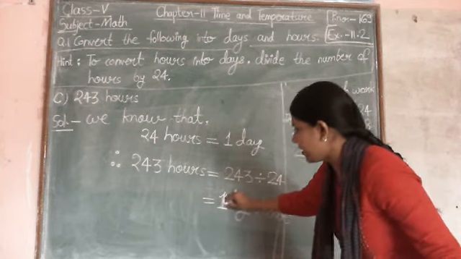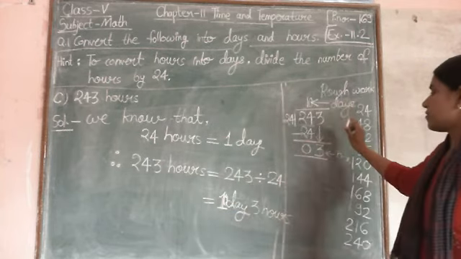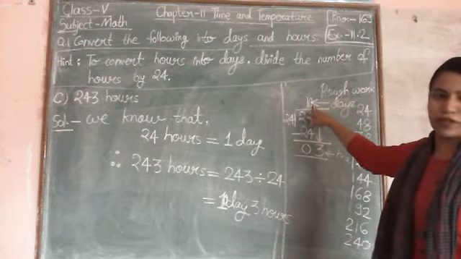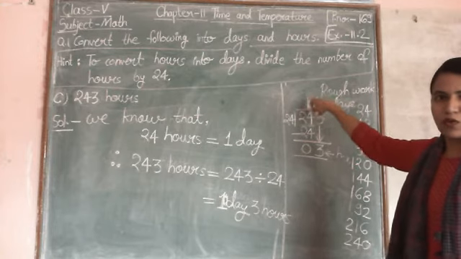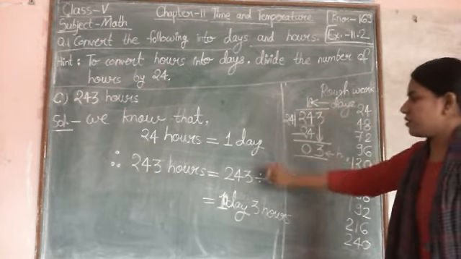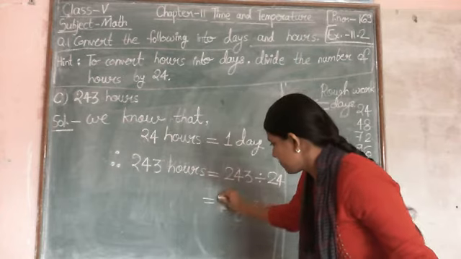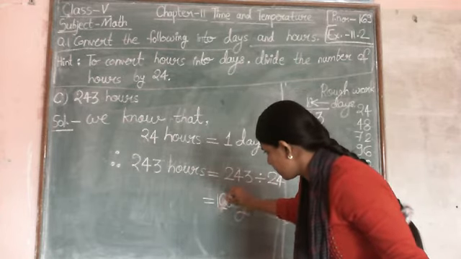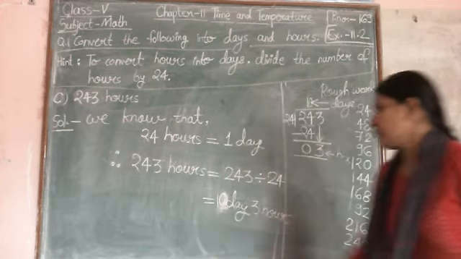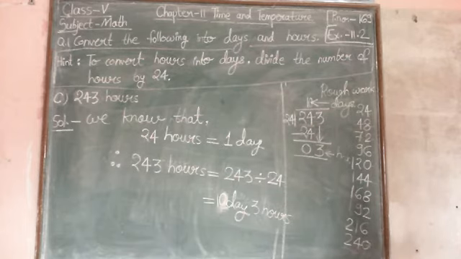Not 1 day, 10 days will come. As 3 is not divisible, so we will put 1 0 in our quotient part. So the answer will be 10 days. Your answer is 10 days, 3 hours.